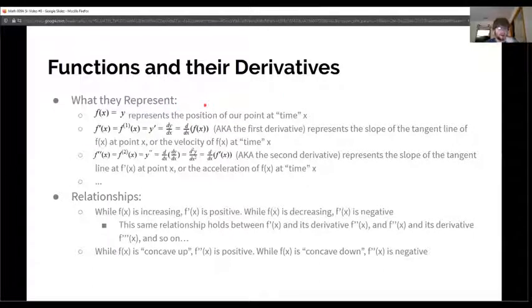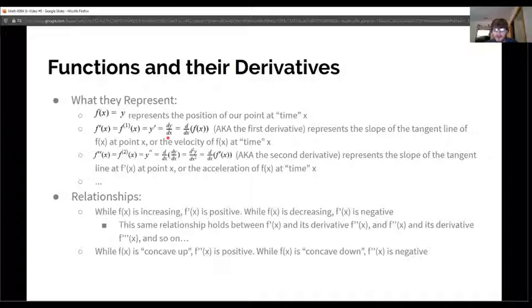So functions and the derivatives, what they represent. So f of x equals y represents the position of our point at time x. So if we're looking at our xy plot as something in terms of time, x is our time, and then y would represent the position. F prime of x, these are a couple of different ways you can denote it. You can denote it with a 1 in parentheses up here, or as y prime if we're calling it y.